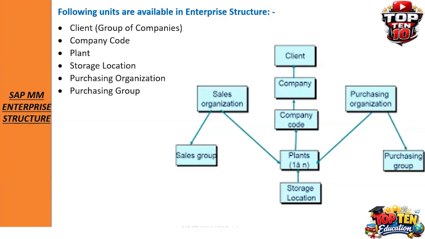In every department, such as purchasing as well as sales organization, there is always one group of employees, one group of people who are controlling things there. In purchasing, this group is known as the purchasing group, and in sales and distribution, this group is known as the sales group. So mainly these are the entities we are going to create in the SAP HANA server.